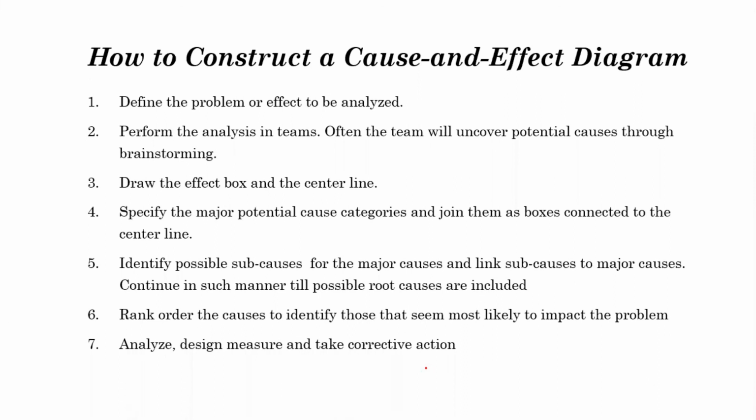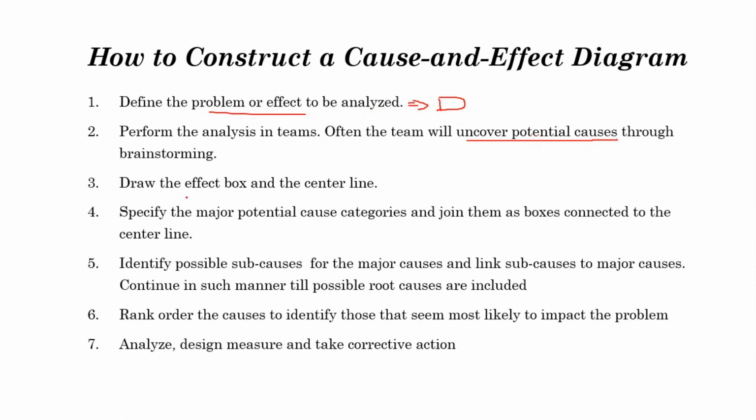So what are the procedures? First, you have to define the problem or the effect that you want to analyze. So remember, in the 6 problem steps, we have already defined this. Or in the measurement phase, you have to define what you are going to measure. Then perform the analysis in teams. And the point would be to uncover potential causes, not the actual causes, but any potential cause through brainstorming.